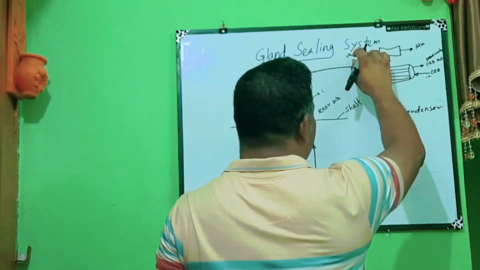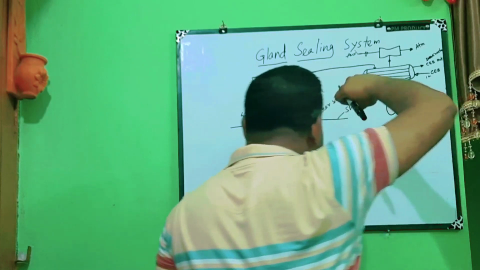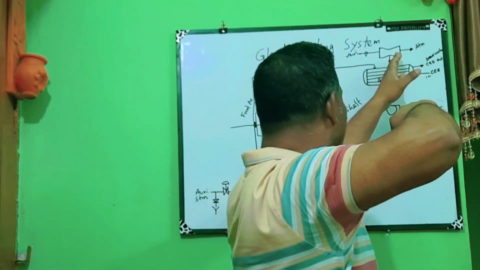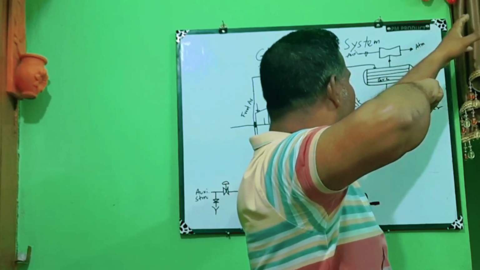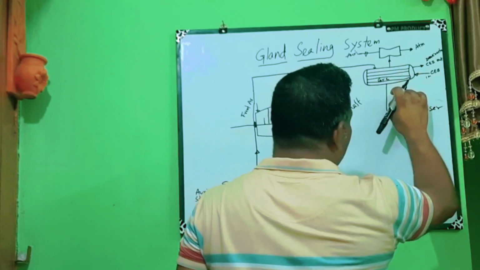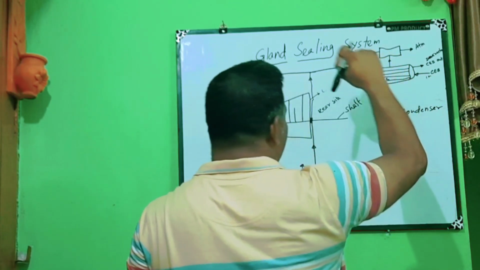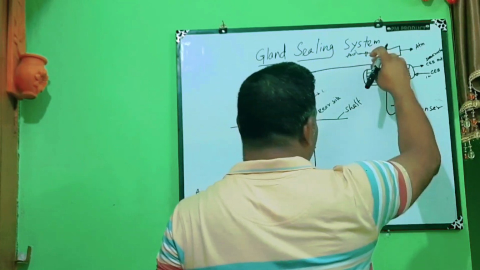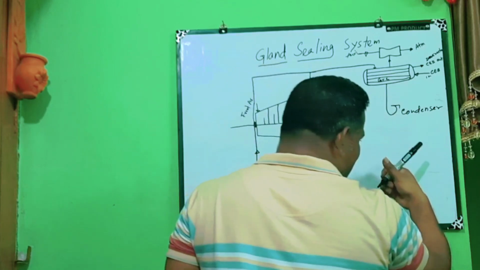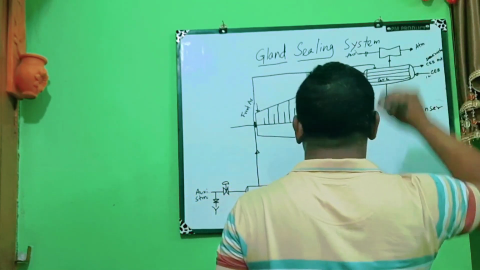On this ejector also auxiliary steam is provided. By this auxiliary steam, the gland sealing steam will be taken, and the unconverted gases will go out to the atmosphere, and the converted gases will come to this point. Cooling water enters the tube side and the hot gases come on the shell side. By this counter contact, these gases are converted to water and go to the condenser, and the unconverted gas will go to the atmosphere.